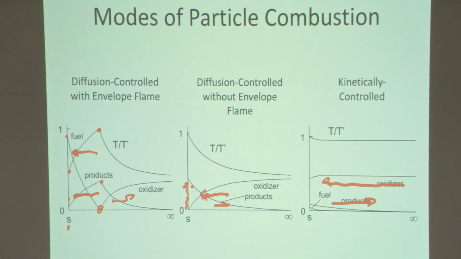And if mass is diffusing fast, that means heat is also diffusing fast forward and backward to the surface. So as a consequence, even though I have an exothermic reaction on the surface, that heat will likely be diffused away very quickly, and the particle will essentially burn at whatever the ambient temperature is around it. So if the ambient temperature is 2,000 Kelvin, that'll likely be the temperature of the particle then.